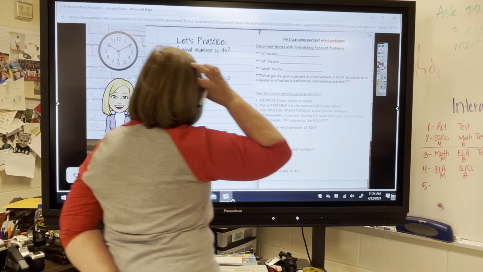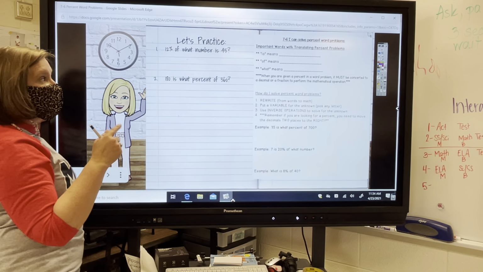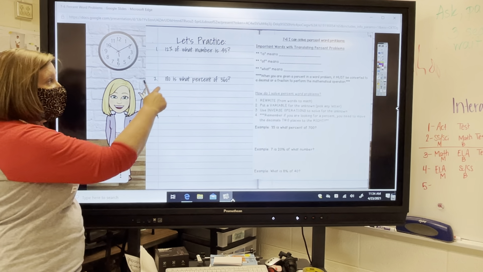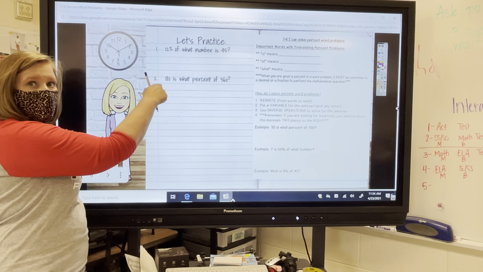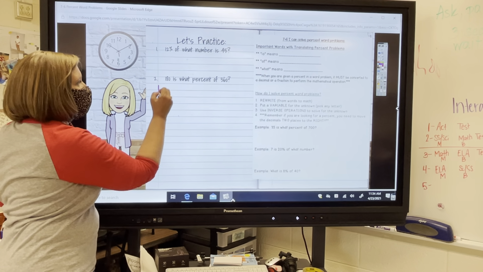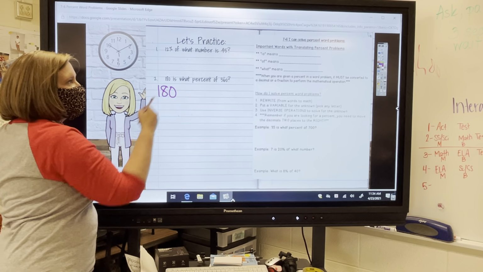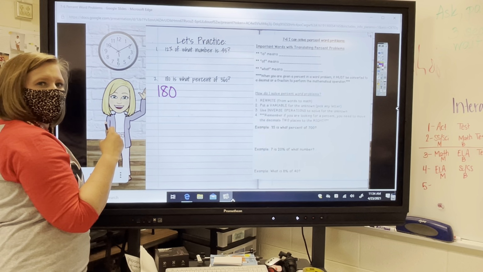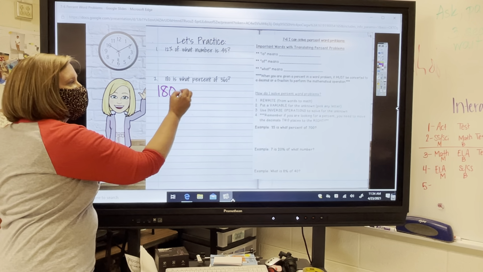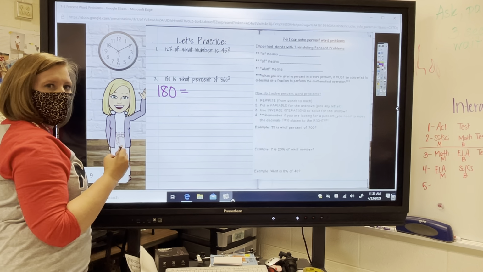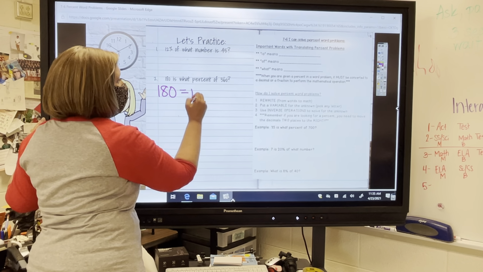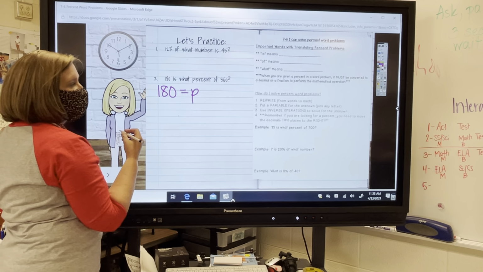All right, 180 is what percent of 360? So 180, is that math or words? That would be half. What does is mean? Equals. What percent? What do we put for that? P. What does of mean?